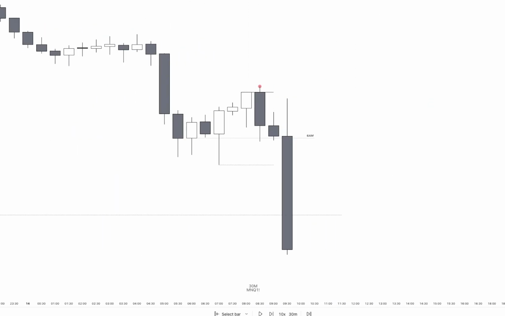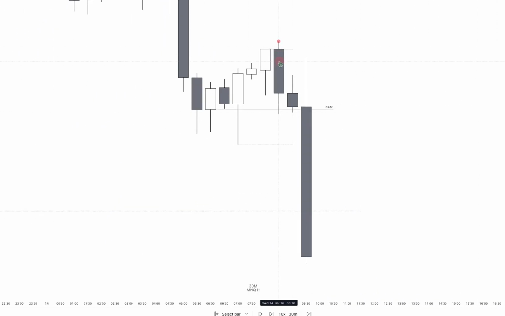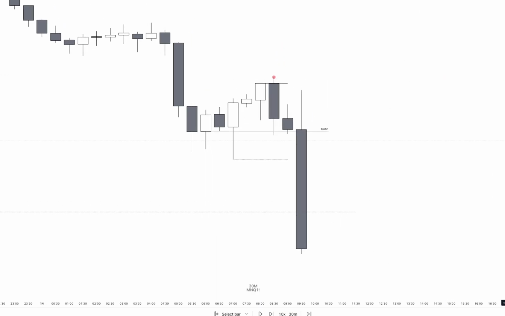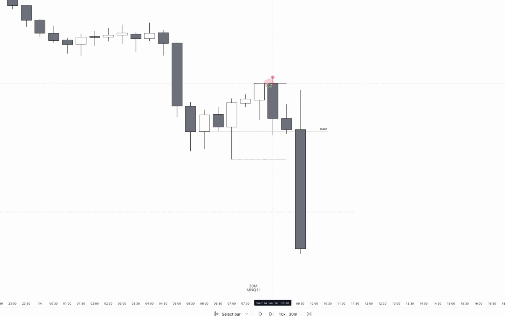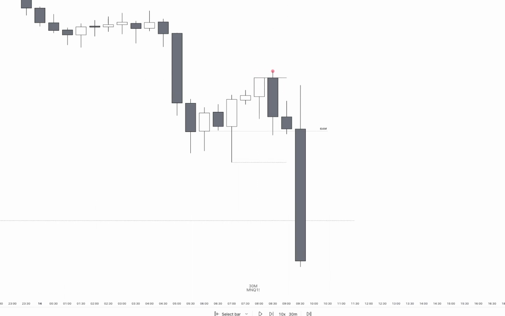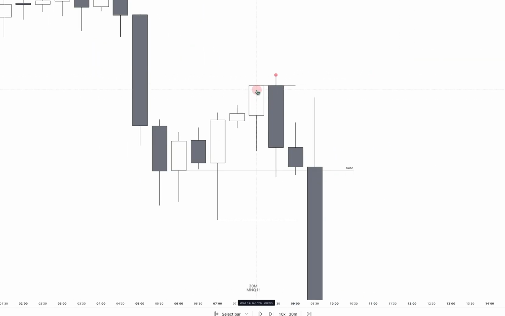which is a candle 2. I specifically enter on candle 2. Why? Because candle 1 closed very well.